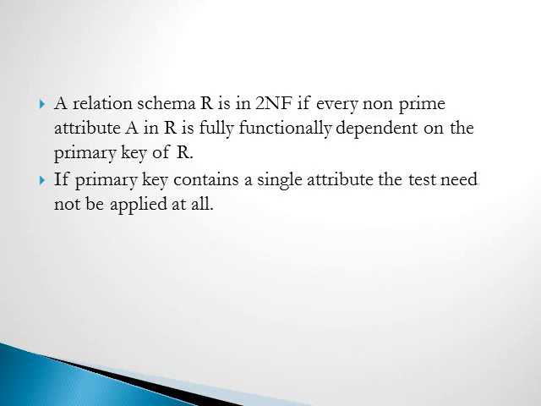A relation schema R is in 2NF if every non-prime attribute A in R is fully functionally dependent on the primary key. If the primary key contains a single attribute, the test need not be applied. But if there are two attributes, we have to perform the test.